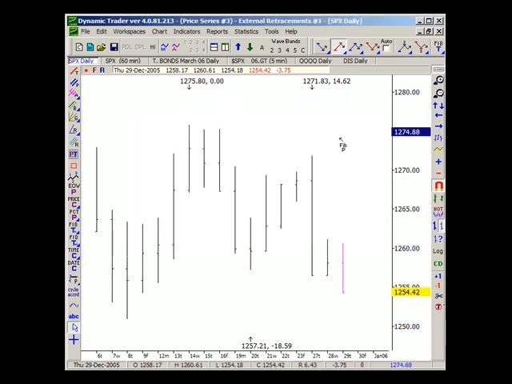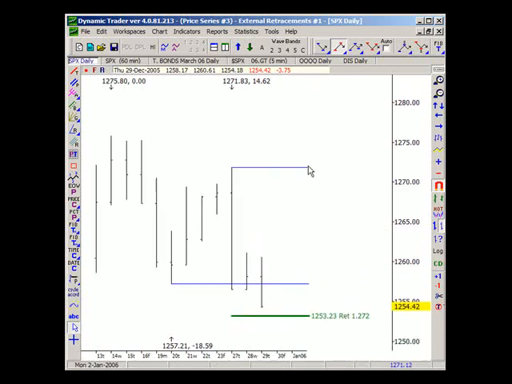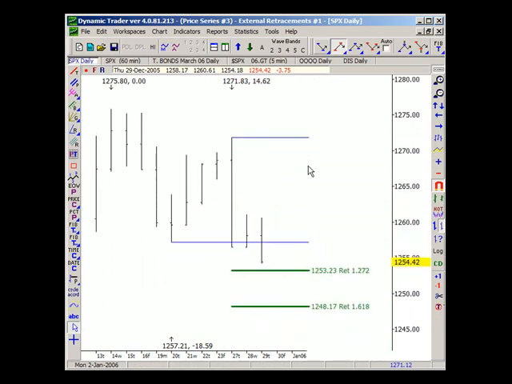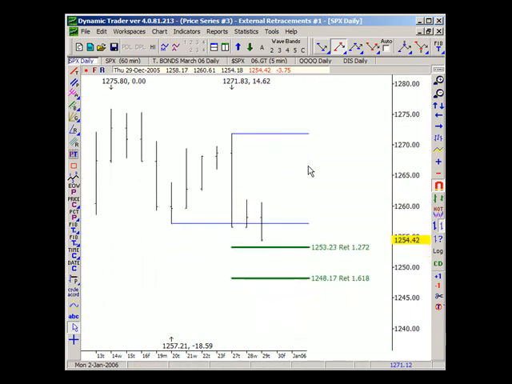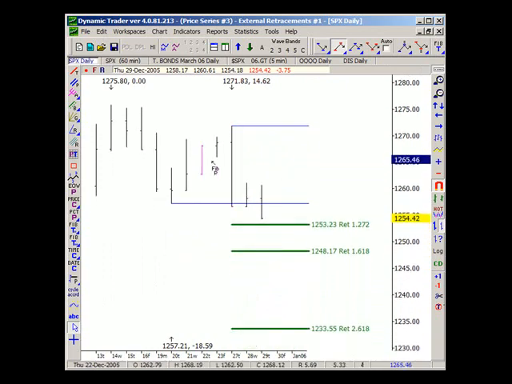So I'll click OK, and let's measure from this low to this high and have the external retracements on the chart. And let me just bring the data up so we can see all three of them that we made. Got to get down there a ways for that 262. So we've measured from the low to the high. Now that range was 14.62 points.